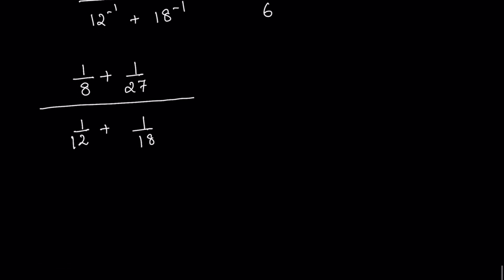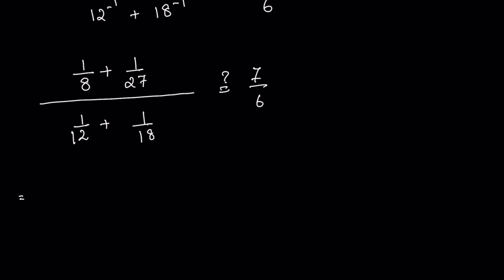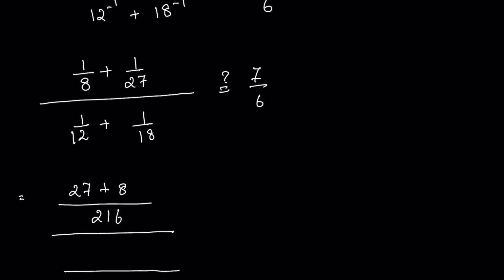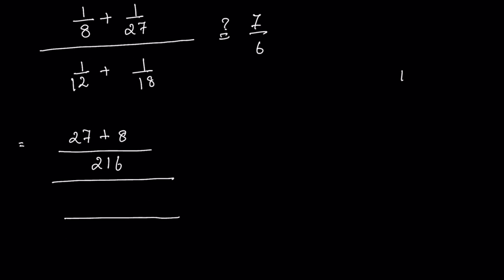Let's solve this fraction. For 8 and 27, common denominator will be 27 times 8, because they do not have a common factor. So it is 216, (27 + 8) upon 216.